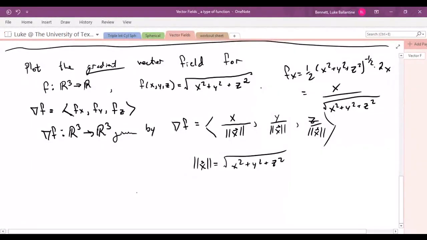Let me ask, what happens to the size of these components, what happens to the size of these vectors as it moves away from the origin?